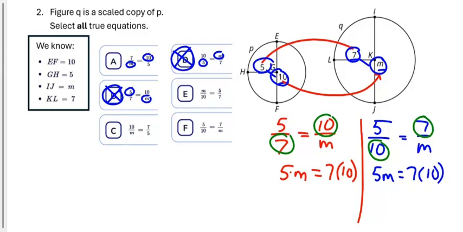E does not work because you have 7 times m. C does not work because you have 7 times m. And F does work because you have 5 times m and 7 times 10. So there are 3 that work here, B, D, and F.